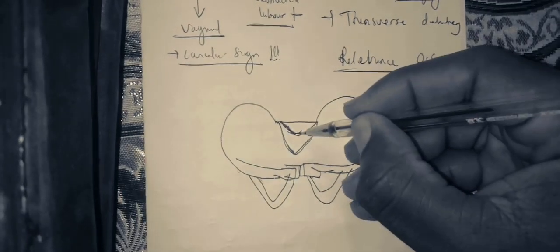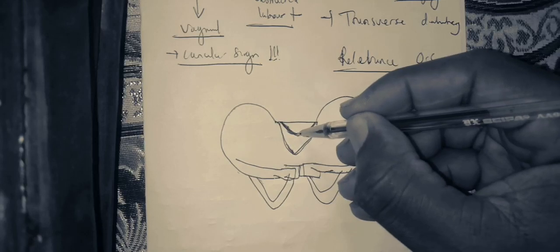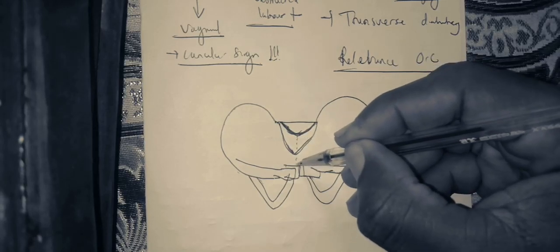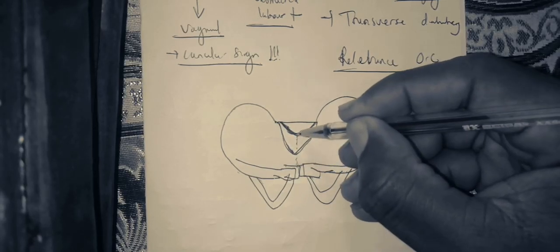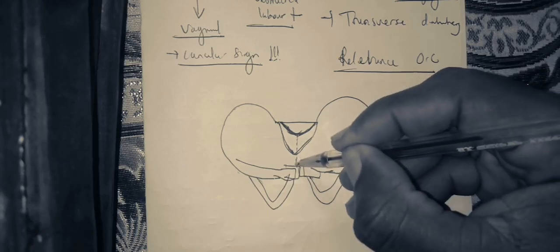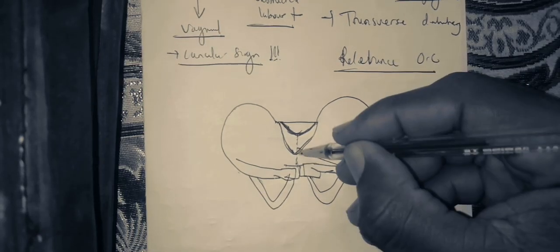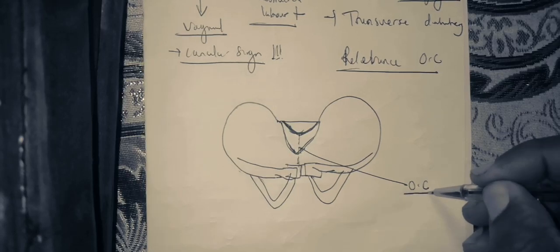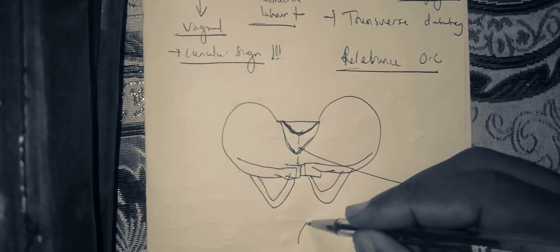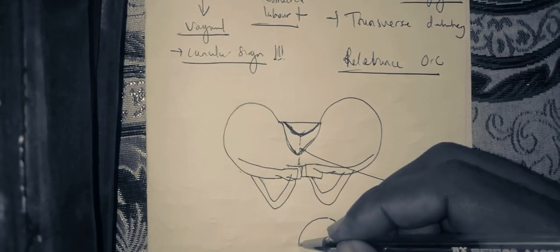Now from the sacral promontory, this distance from the sacral promontory up to the upper part of the pubic symphysis, this diameter is called the obstetric conjugate. Is it clear? Now if you see it laterally, you're going to have something like this.